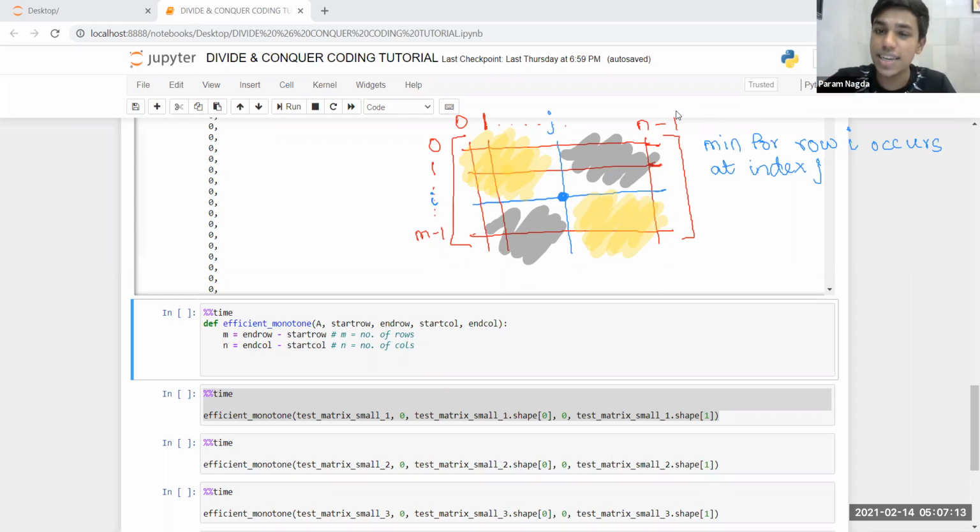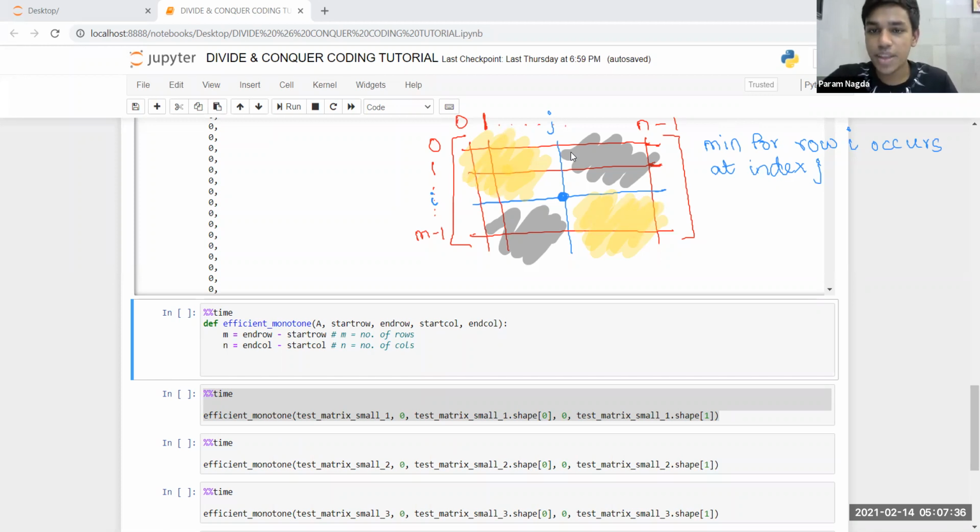So that means now we simplify our problem to these 2 smaller matrices, the ones highlighted in yellow. And the gray shaded areas don't matter to us anymore, because we know for a fact by the property of monotone matrices that our minimum values cannot lie over there.